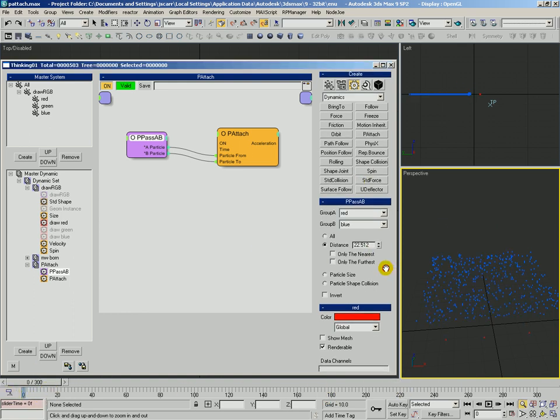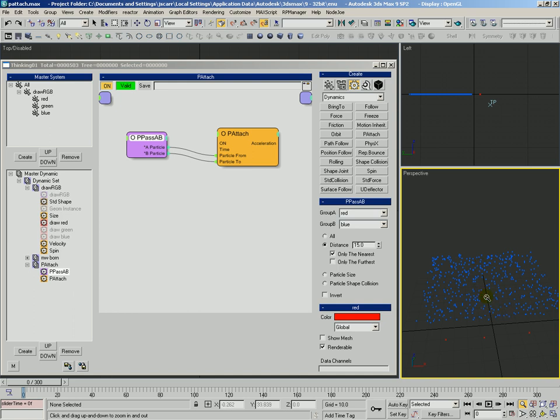Something interesting just to play with is the only use nearest. What this says is, as the red particle is moving through space, he's going to compare himself when he comes into contact with any blue particles within 15 units, but he's only going to use the nearest one to output that pair. He'll output his red, and he'll output only the nearest blue in that time slice.